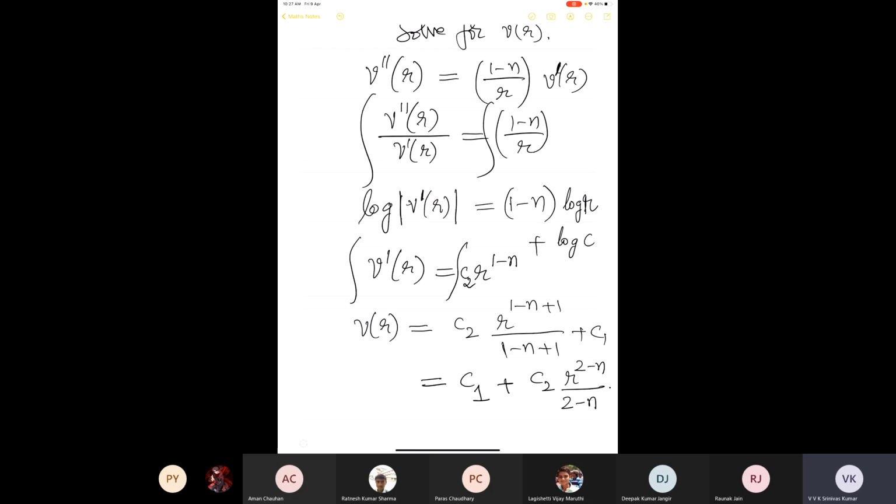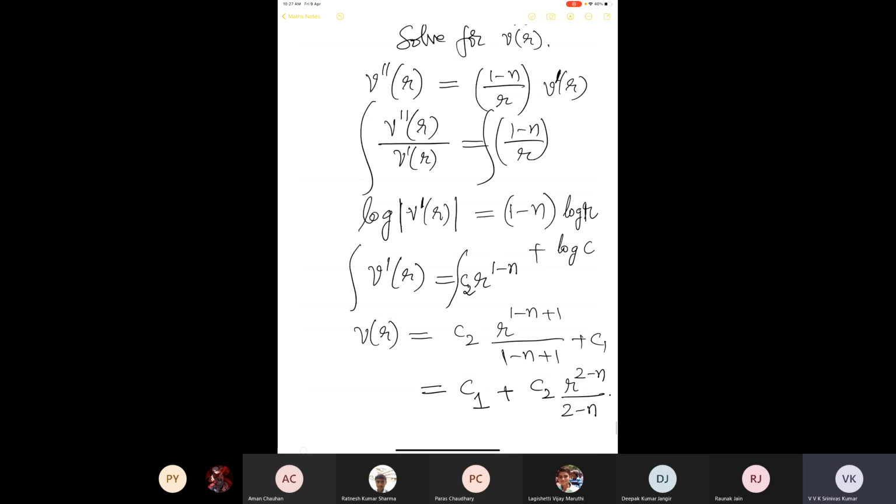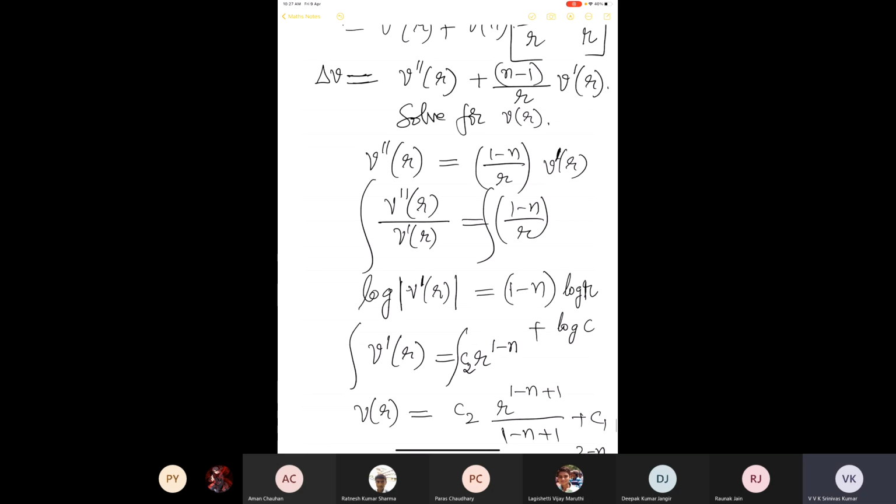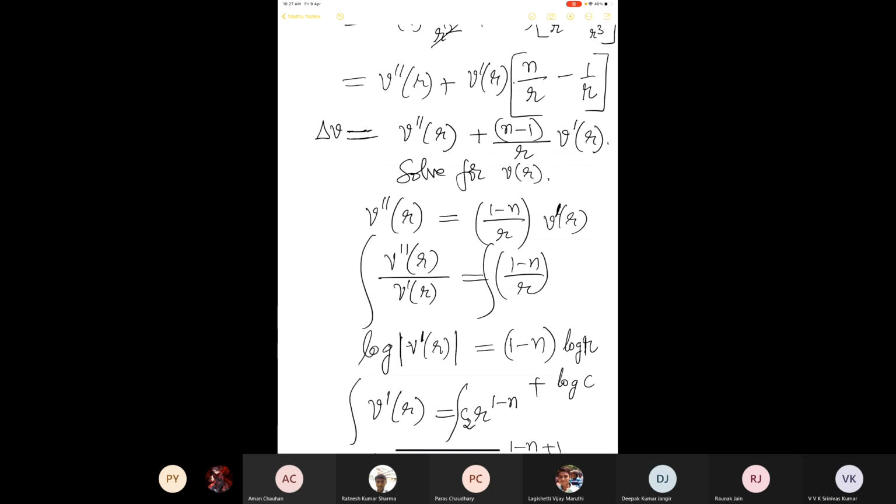This is our v of r. See here, this is the case when n is greater than or equal to 3.